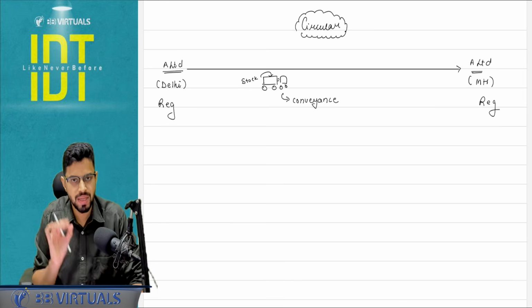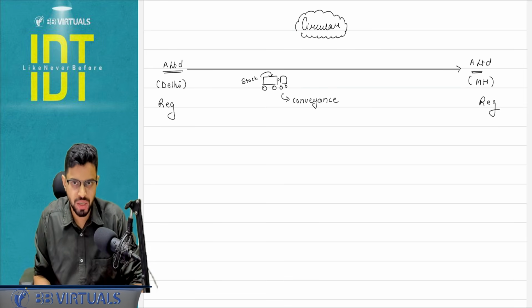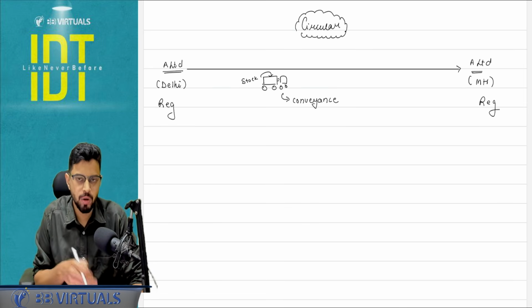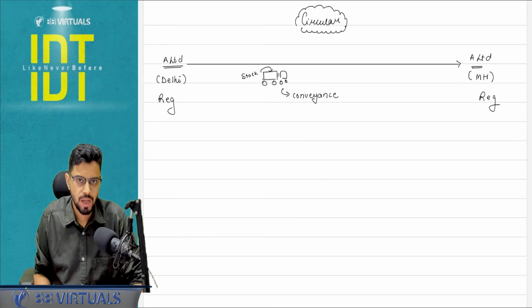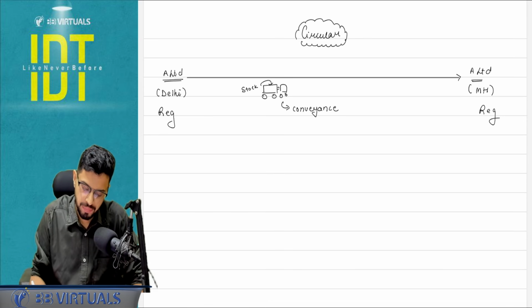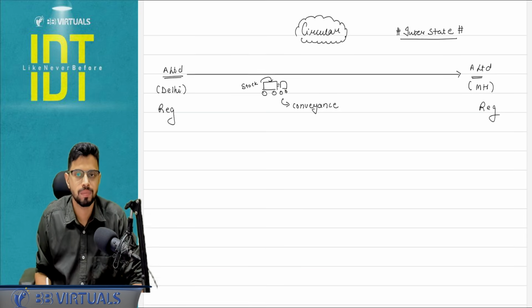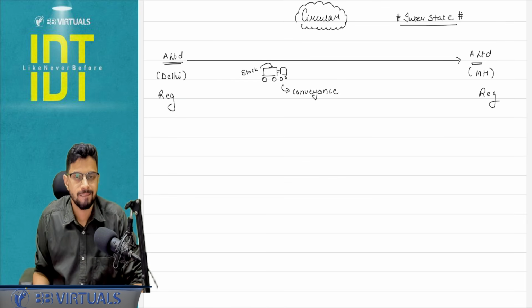The conveyance is being sent, which contains the stock of the company, from A Limited Delhi unit to A Limited Maharashtra unit. So the interstate movement is happening. This much I have told you.